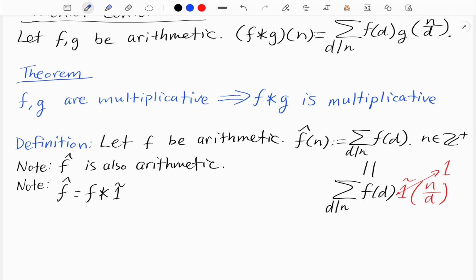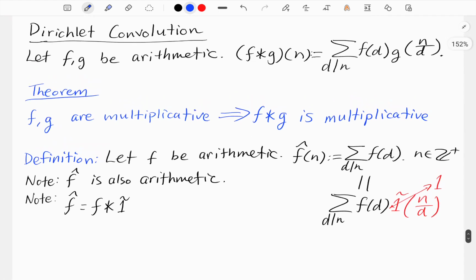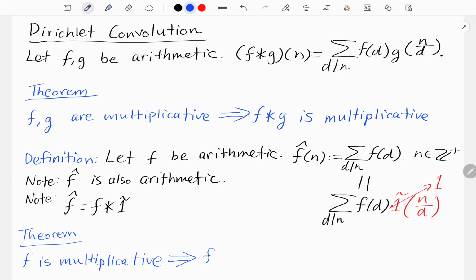And this leads to a second theorem, okay? It states that if f is multiplicative, then f hat is multiplicative.